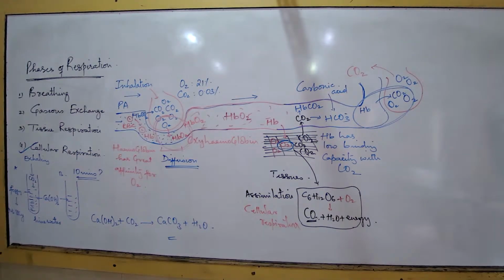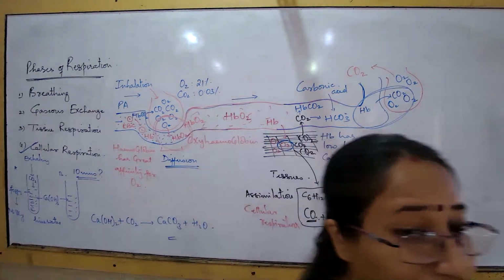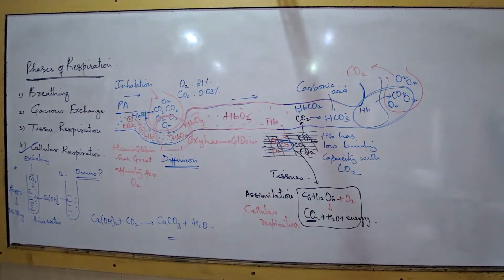The lungs are a pair of spongy structures, see the diagram. Just think you are exhaling out. After exhalation also the lungs are not squeezed out. They are squeezed, but a little bit of air is still there.